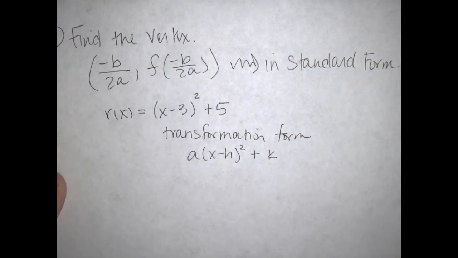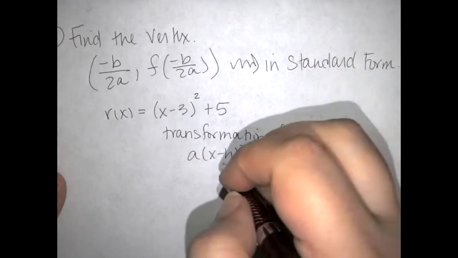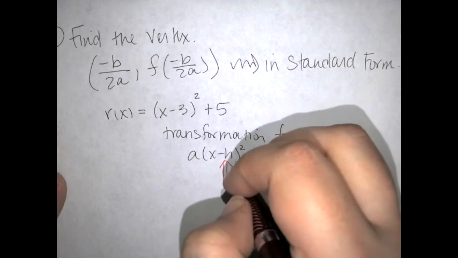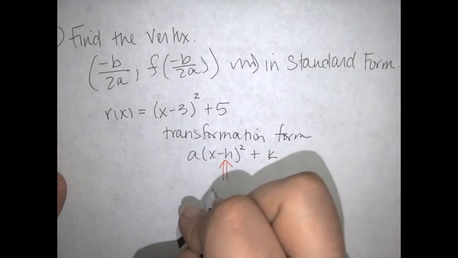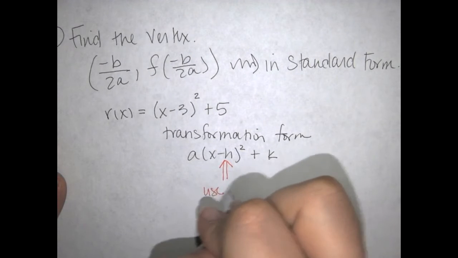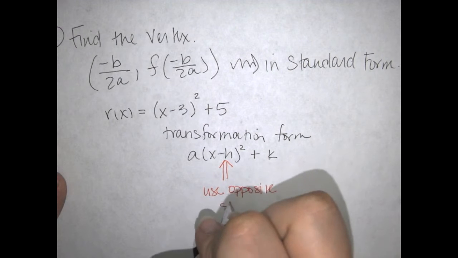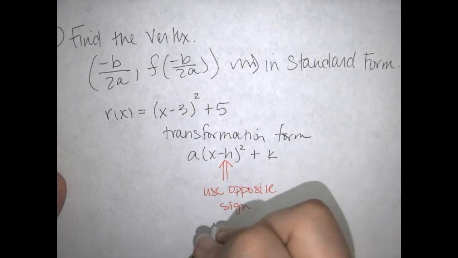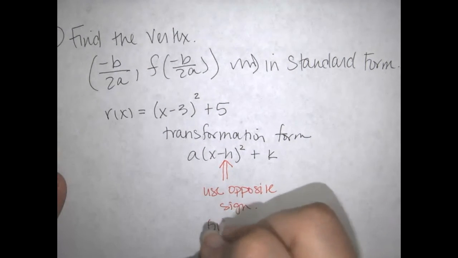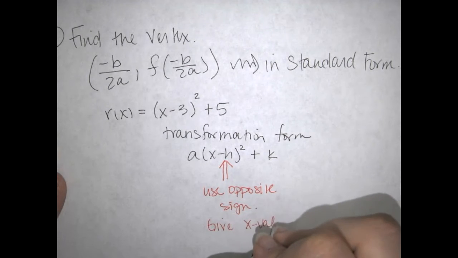But what we need to know or remember about it is that when we're talking about this h term here, this is going to use your opposite sign, and it's going to give the x value.